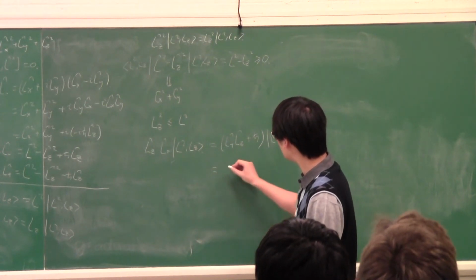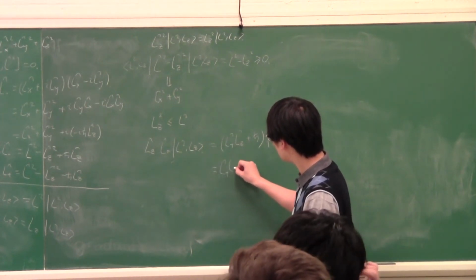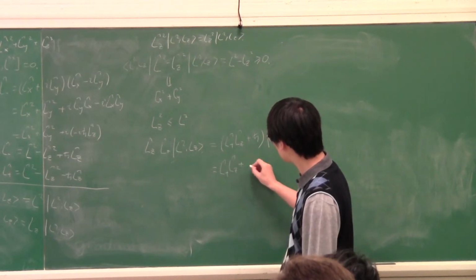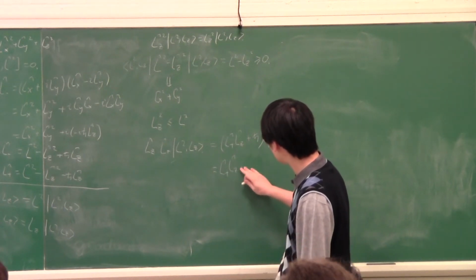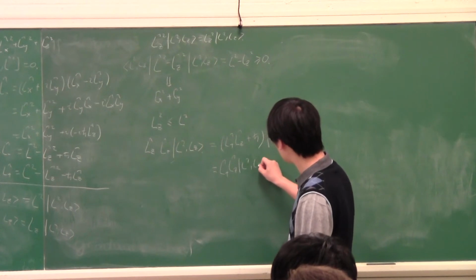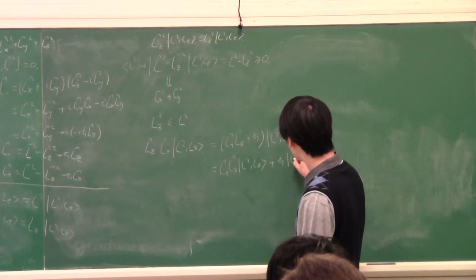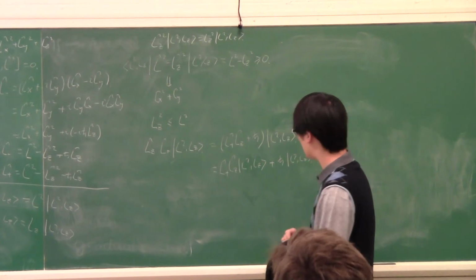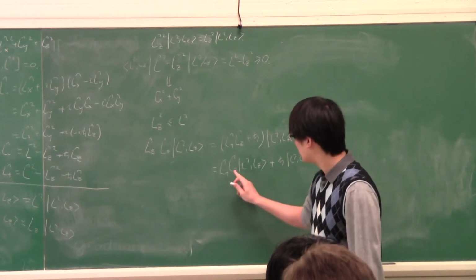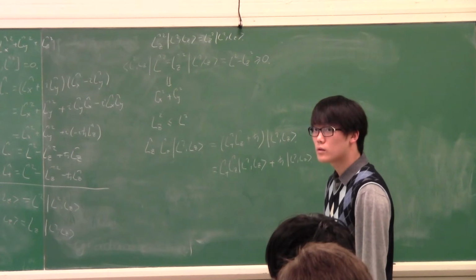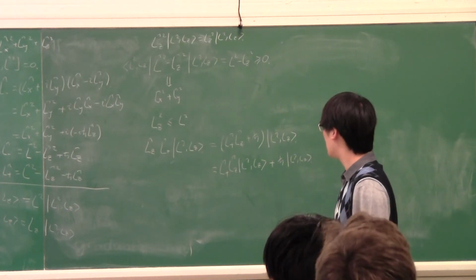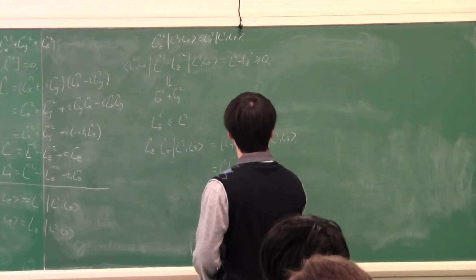So this is equal to this. Now, how do you get that? You have to go into detail on how you go from the left hand side to the right hand side.